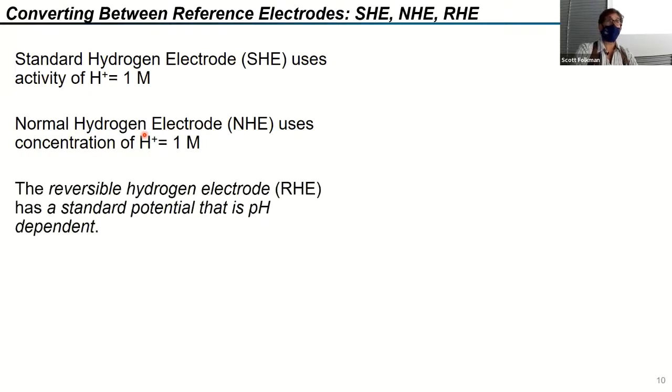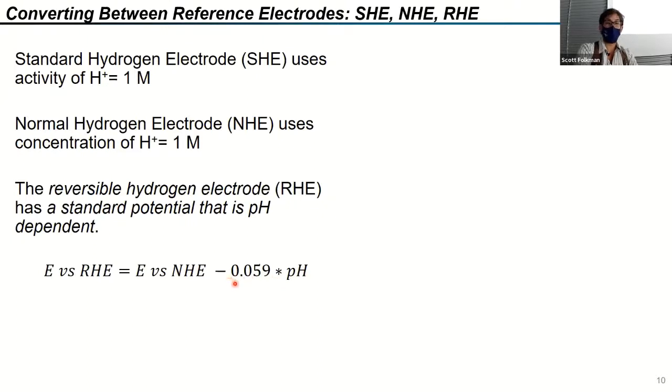And the next one that can be very tricky is the reversible hydrogen electrode, because that is actually a pH-dependent electrode. So the reversible hydrogen electrode can be thought of as the hydrogen evolution reaction that occurs reversibly as a function of pH. And the way that we convert is we take to calculate the voltage versus RHE, we would take the voltage measured versus NHE and subtract 0.059 volts for every pH unit.